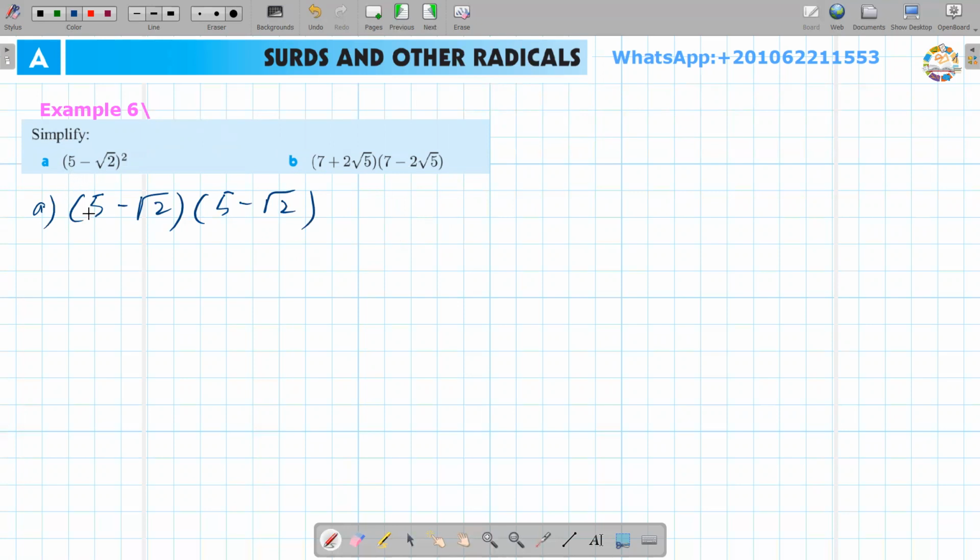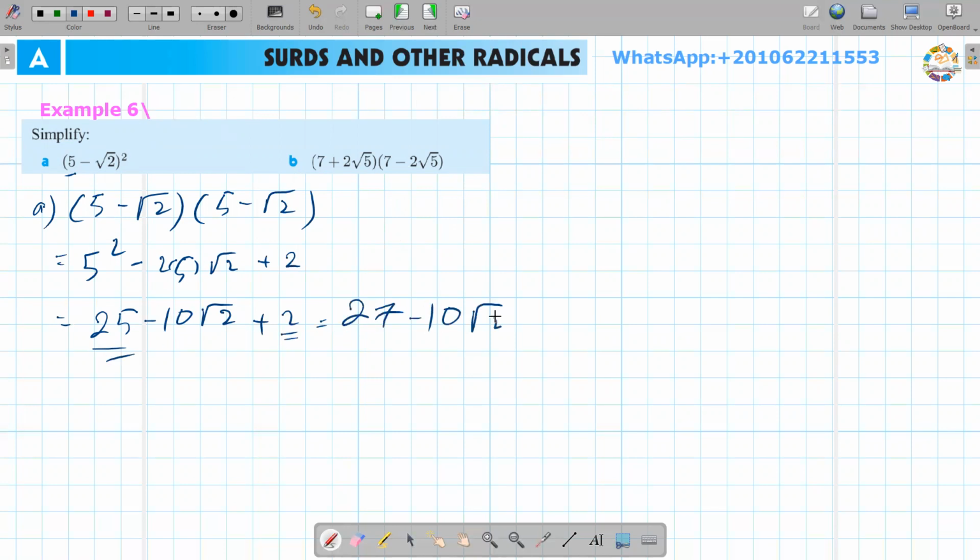Or you can do it directly like 5 squared, and then minus 2 by 5 by root 2, and after that, plus root 2 squared, which is 2. Then 5 squared becomes 25, minus 2 by 5 becomes negative 10 root 2, plus 2. Then it becomes 27 minus 10 root 2. This is for the first question, which is question A.